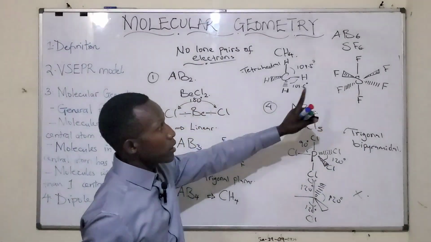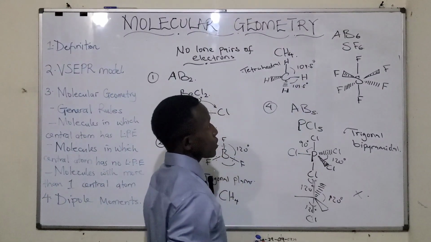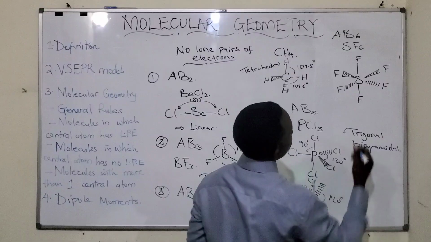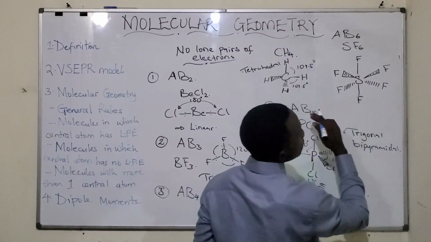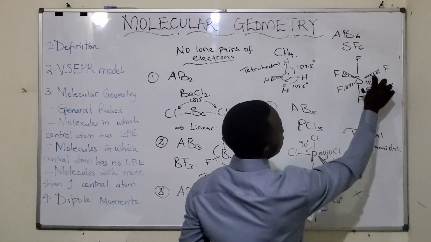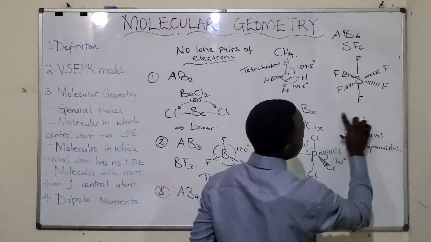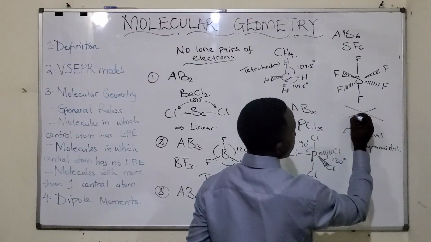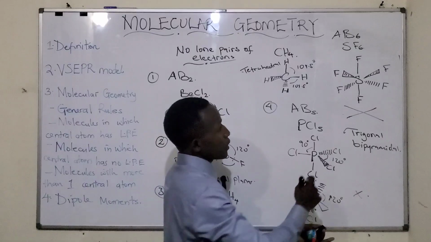So that's the structure if a central atom is attached to 6 other atoms. So these angles, they are all at 90 degrees. These 4 are on the same plane.